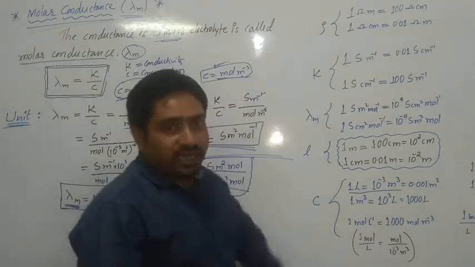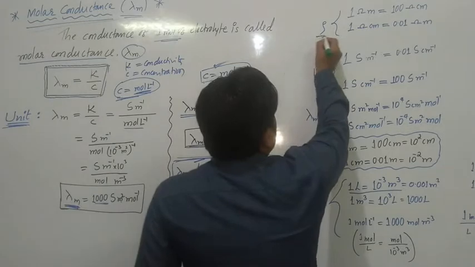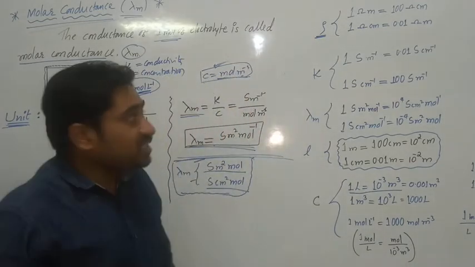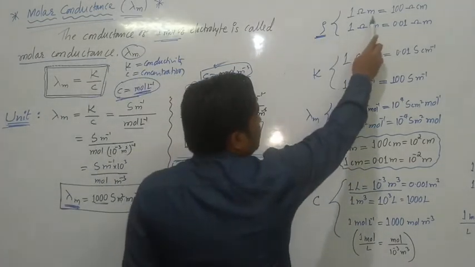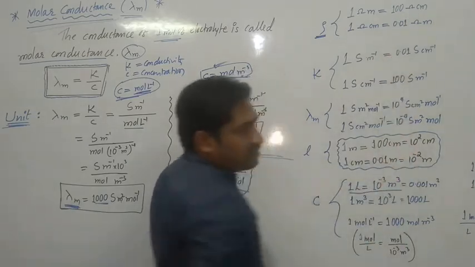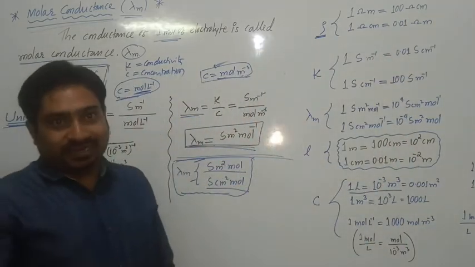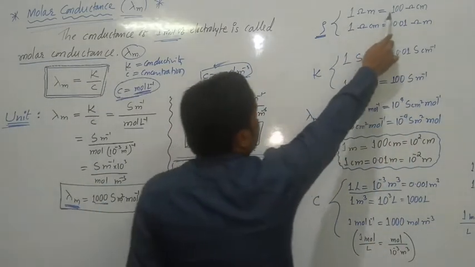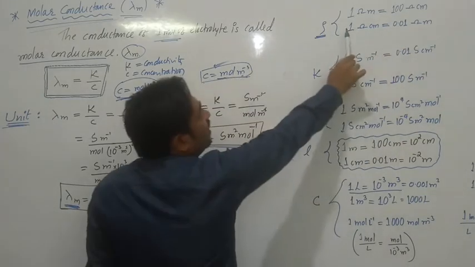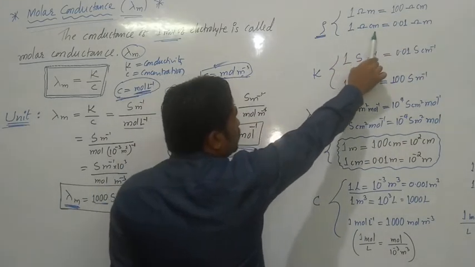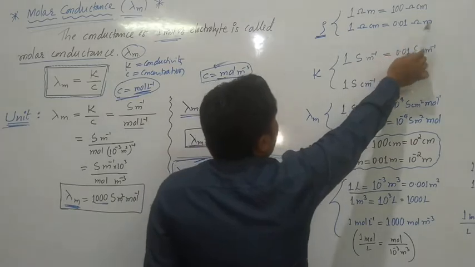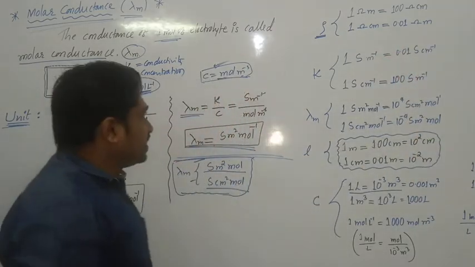So we should know the conversions. So this is resistivity. Rho means what? Resistivity. 1 ohm meter is equal to 100 ohm centimeters, because 1 meter is equal to 100 centimeters. And 1 ohm centimeter is equal to 0.01 ohm meter, isn't it?